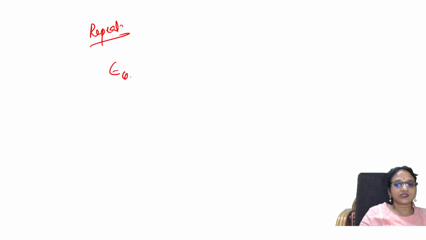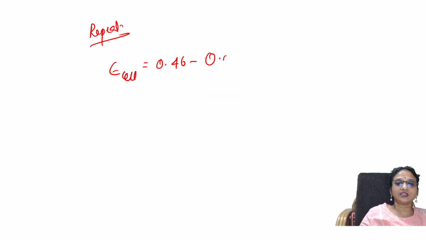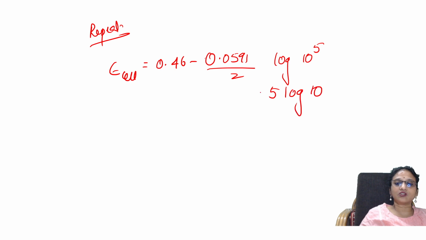E cell is equal to 0.46 minus how much did I get? 0.0591 by 2 log 10 raised to 5. So I have written this as 5 log 10. Sorry, log 10 is 1.